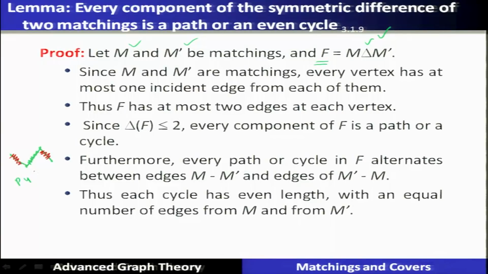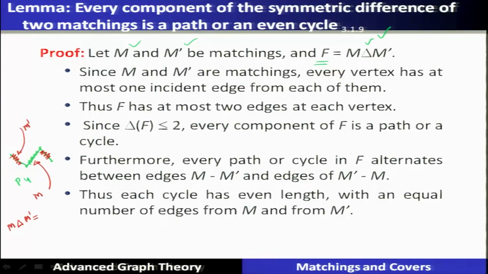The red color matching we call M prime, and the green color matching we call M. So, M symmetric difference M prime will form all these edges. Why? Because there is no common edge, so the entire P4 graph will be in the symmetric difference.